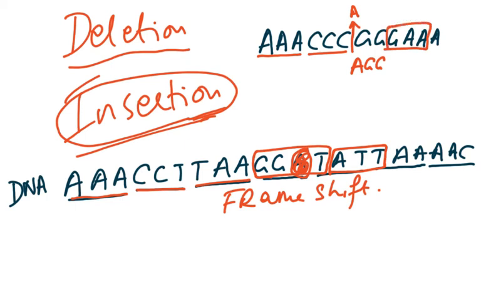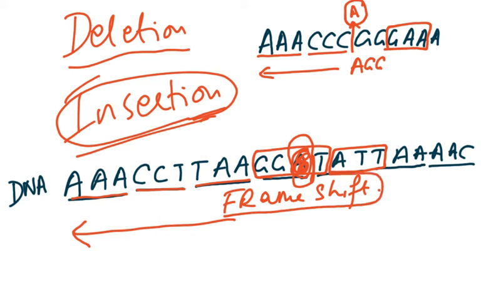So in deletion and insertion, both cases we have problems, because before the deletion or insertion it is fine. Nothing is going to go wrong. The amino acid sequence is going to remain the same. But after the deletion or the insertion, a frame shift is going to take place.